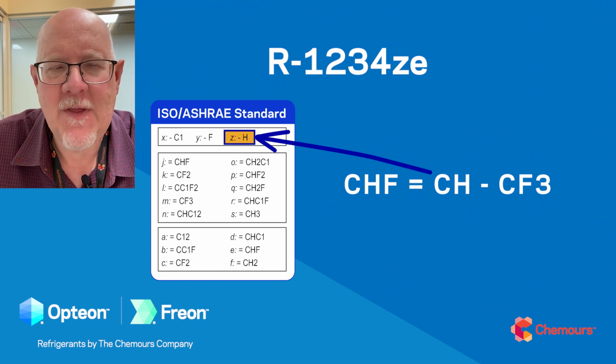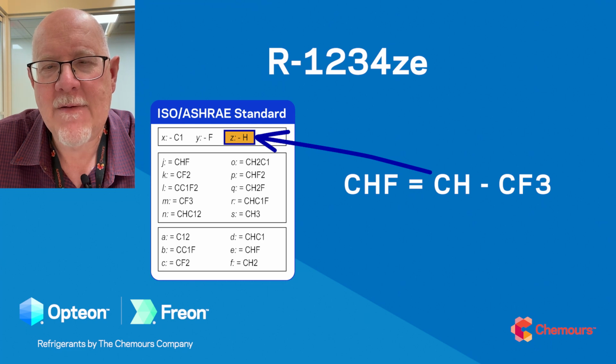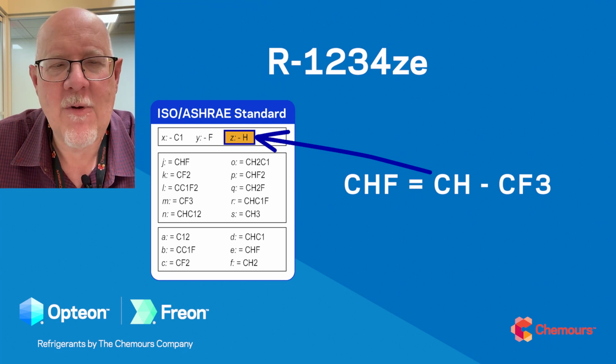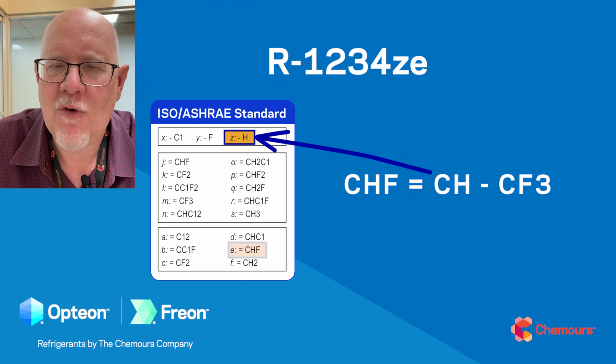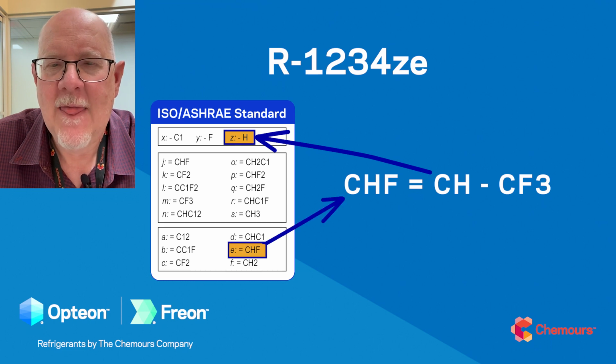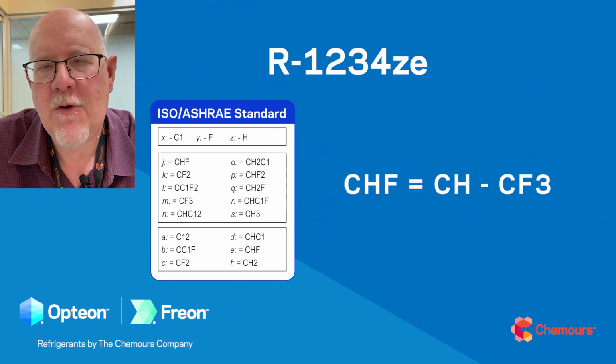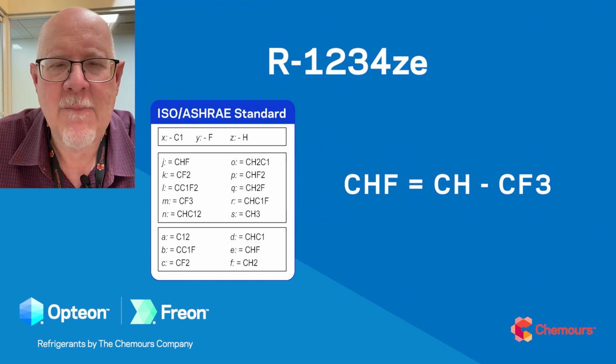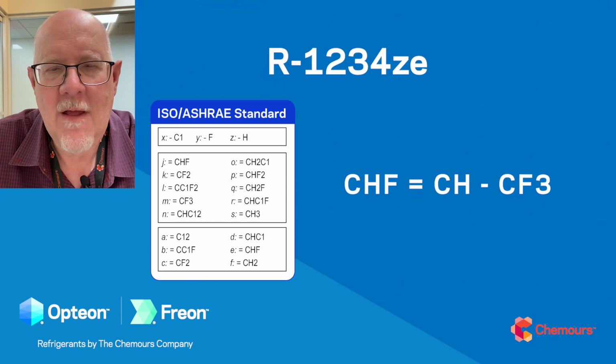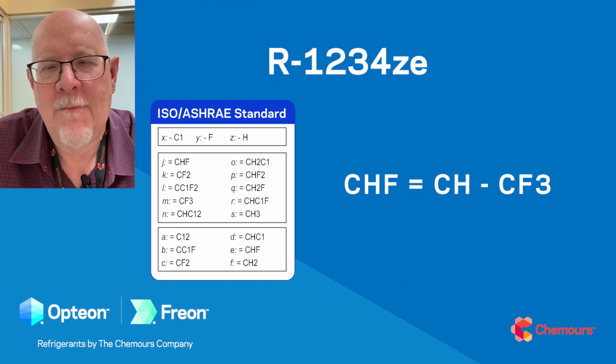So we put a hydrogen there, and then we look over to the methylene carbon, the double bonded carbon on the left side of the molecule, and we see from the E that we have a hydrogen and a fluorine on that. So we fill in those. Again, we're left with the 3 fluorines to put on that third carbon, and there we have the complete ZE molecule.